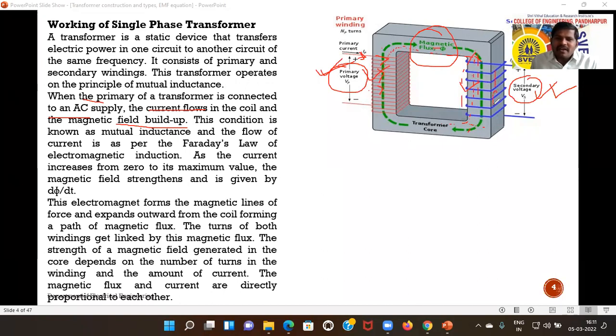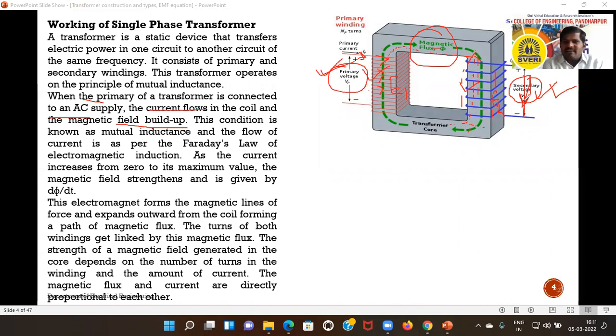या coil मध्ये काहीतरी EMF induce होतो, that is E2. Here the E1 EMF is induced in the primary coil. Due to the primary current there is a secondary induced EMF, E2, and when E2 is induced in the secondary coil, and if the secondary circuit is closed, ज्यावेळेस secondary circuit close असेल, then in the closed circuit it sets up some secondary current.